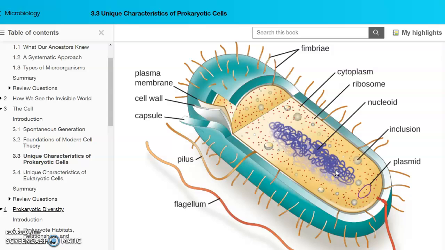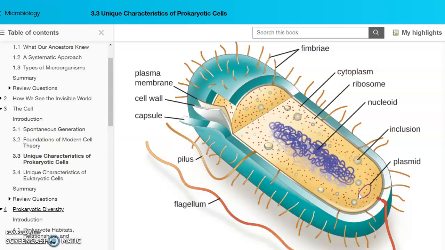Some plasmids contain information for antibiotic resistance. Some contain information for conjugation, for allowing bacterial cells to exchange DNA. And we'll talk more about those later on. But some bacterial cells, we'll see these plasmids, these extra pieces of information.